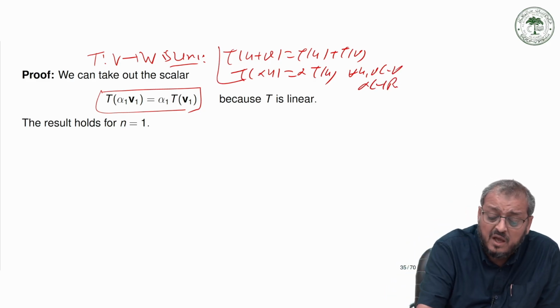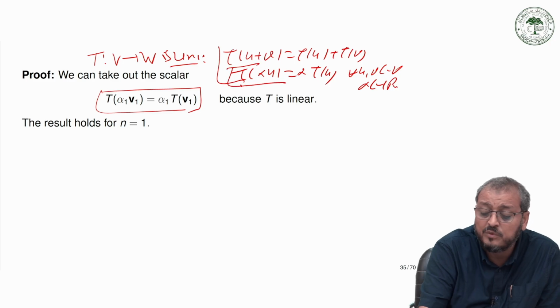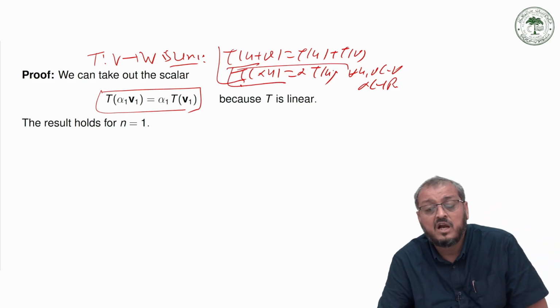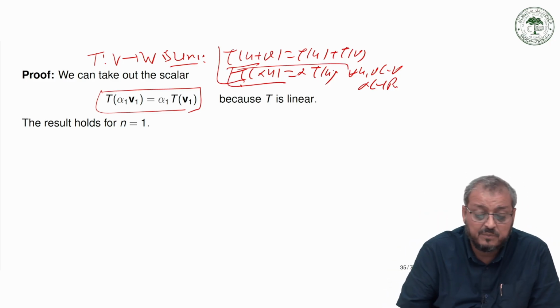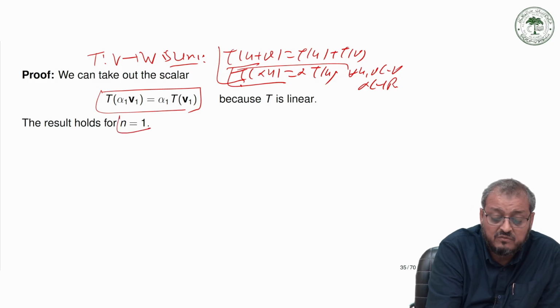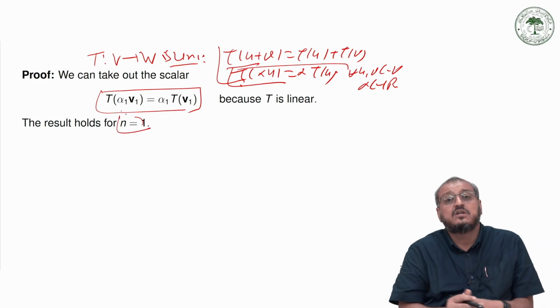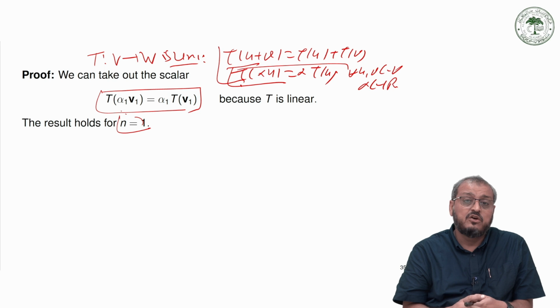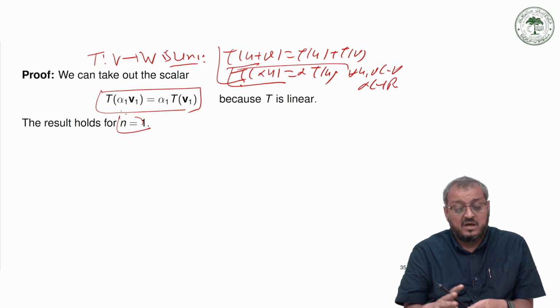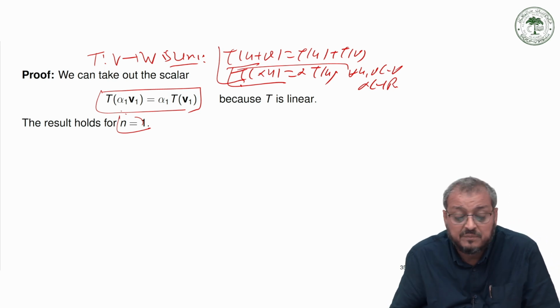So by the second property, homogeneity, T respects scalar multiplication. If n is equal to 1, T of alpha 1 v1 is equal to alpha 1 T of v1, clearly by the linearity of T.